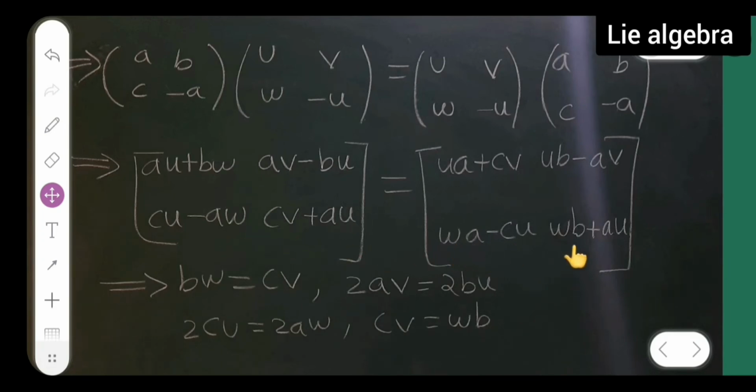Then this is equal to this. Now CV is equal to BW, because the AU term will get cancelled. CV is equal to BW will remain. I hope you all are understanding this. Then I'll turn the page.